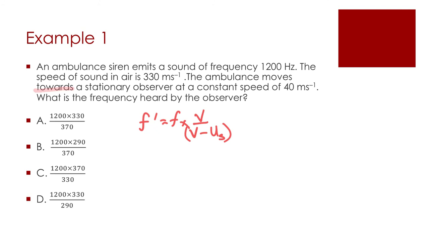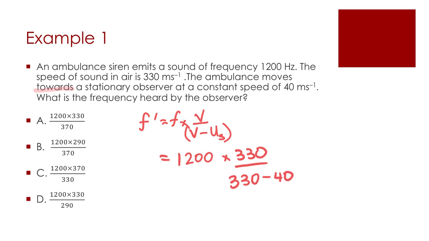Now this is one of those questions that you can do without a calculator on a multiple choice. So they're looking for you to substitute in the right values. So my frequency starts off as 1,200. My velocity is going to be 330. That's what v is. And us, the speed of the source, is going to be 40.